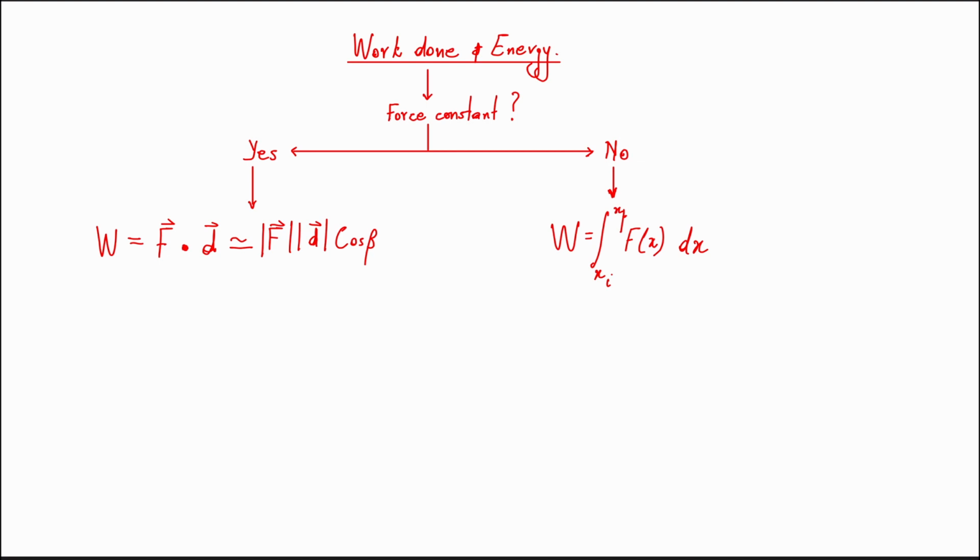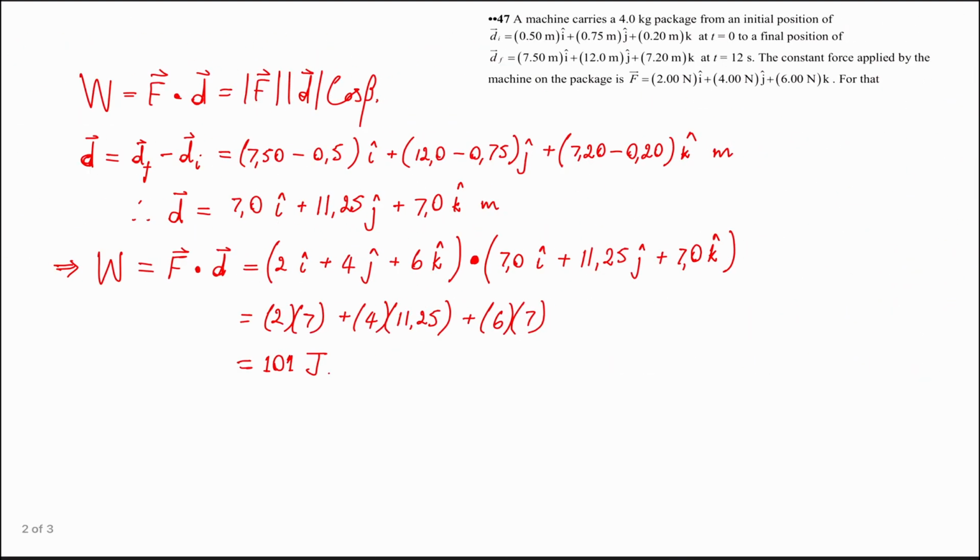Okay, so let's apply this flow chart in two examples. For now, don't pay attention to the red lettering, but let's consider the question itself. We're given a machine which carries a 4 kilogram package from some initial position given by that. This should already get you thinking that our position is given in unit vector notation.